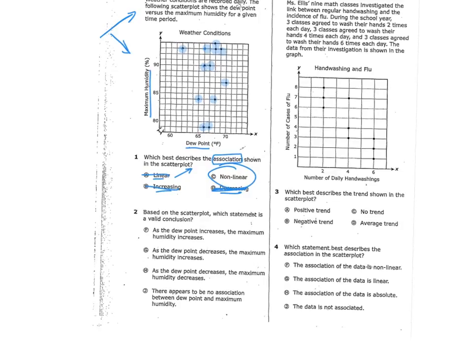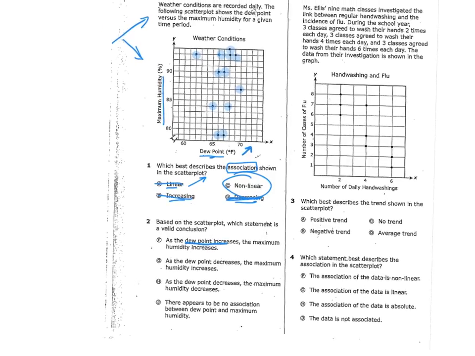So number 2, based on the scatter plot, which statement is a valid conclusion as the dew point increases? So the dew point, as it goes up, the maximum humidity increases. Not so much true, because we've got maximum humidity up here and then points down here. So that's not really true. G, as the dew point decreases, the maximum humidity increases.